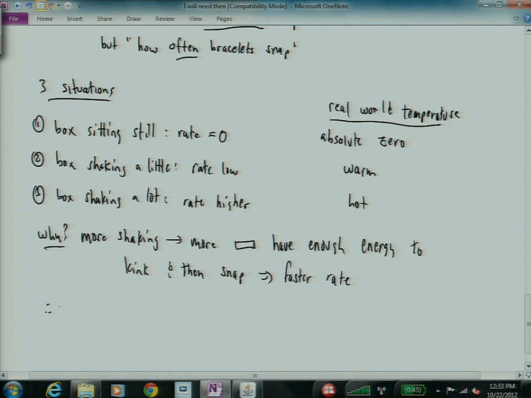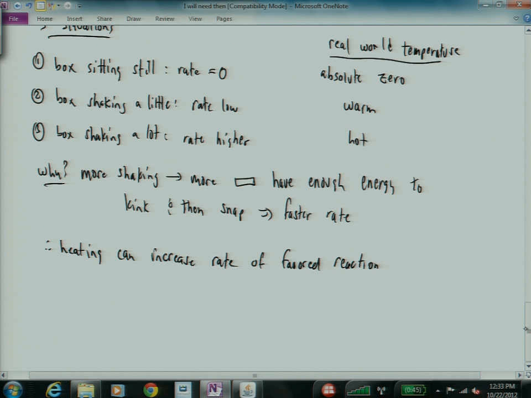My question, which is akin to what you asked, is can heat make an unfavored reaction happen?